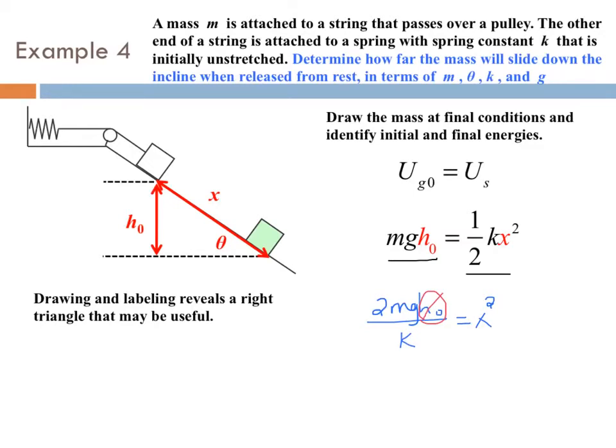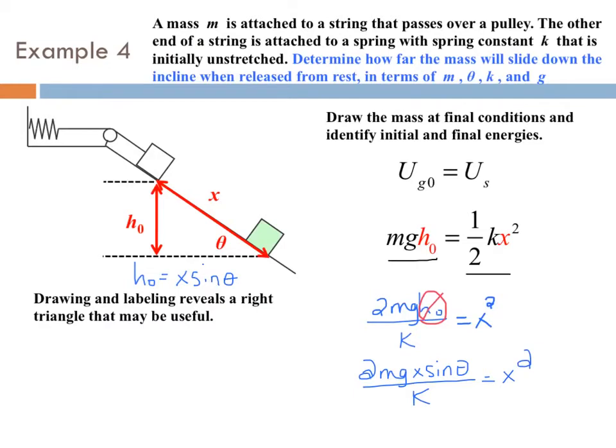Now, if I go back to my picture, I notice that x, h naught, and theta all create a right triangle. So h naught can actually be represented as x sine theta. So then I can go back over here and replace h naught with x sine theta, and that is equal to x squared.